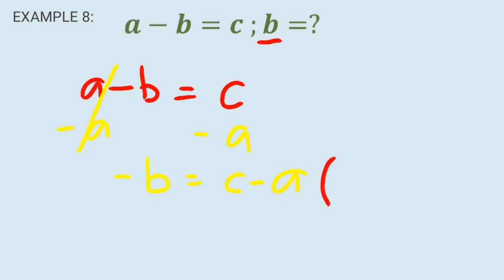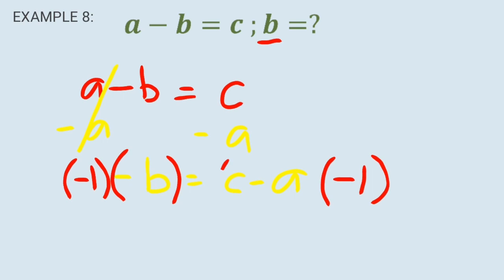Now if we are going to multiply, we have to apply the distributive property. What will be negative 1 times negative b? Negative 1 times negative b is simply positive b.